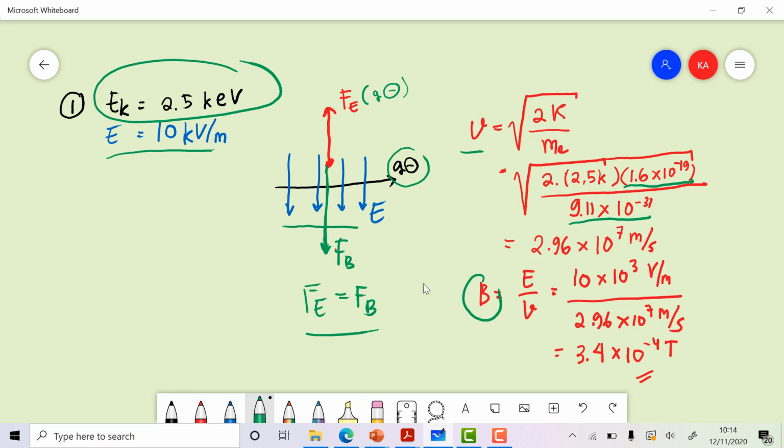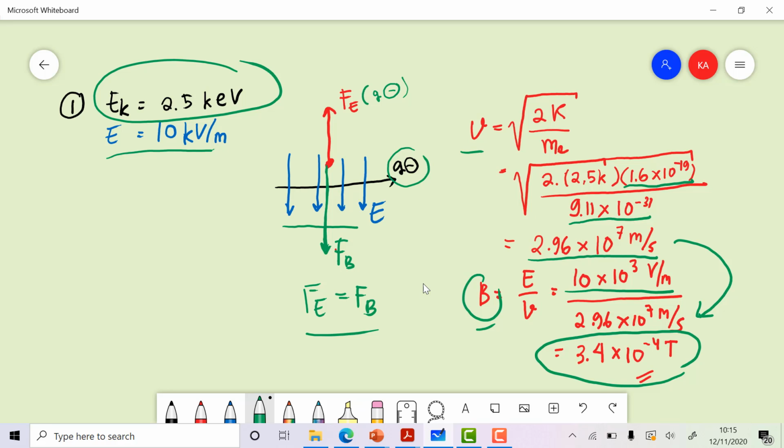So we get V equal to 2.96 times 10^7 meters per second. After we know V, we calculate B by E over V, with E equal to 10 kV per meter, so B is 3.4 times 10^-4 Tesla.